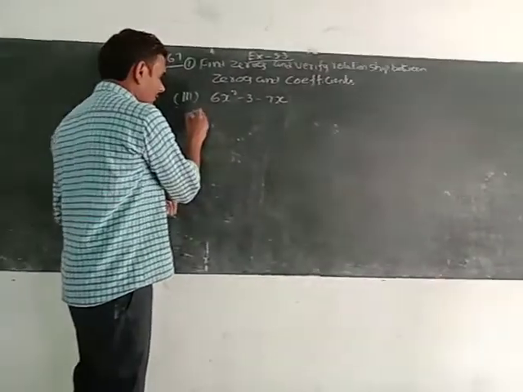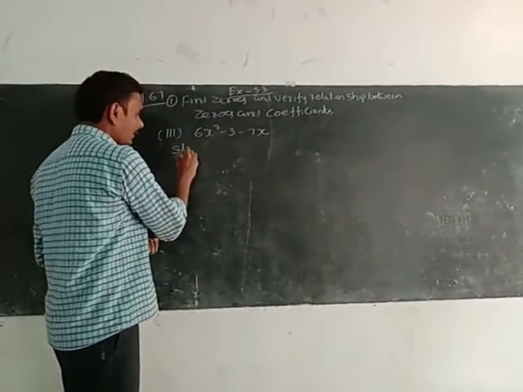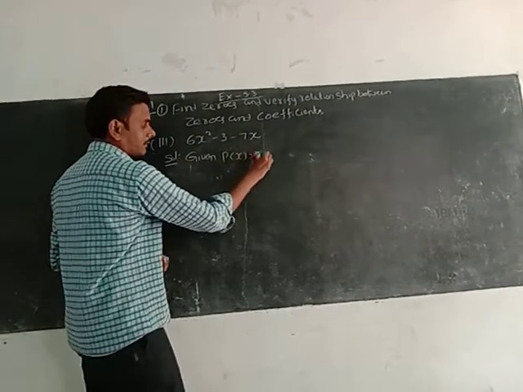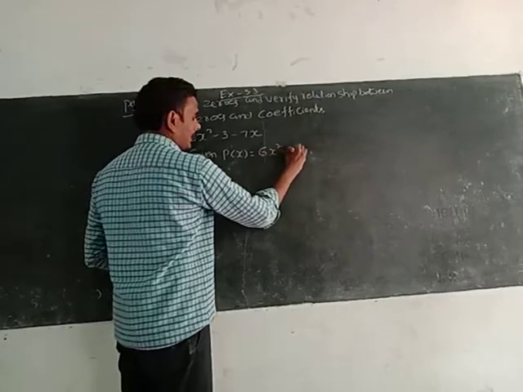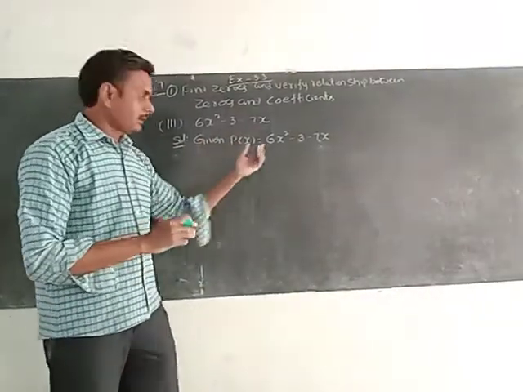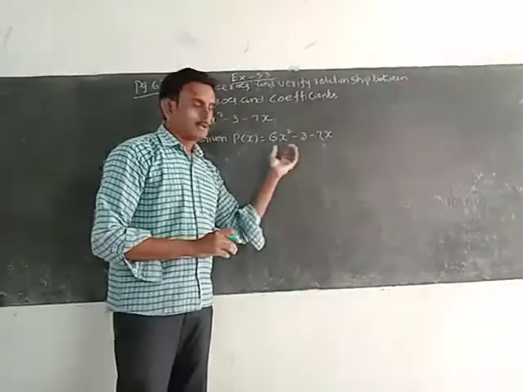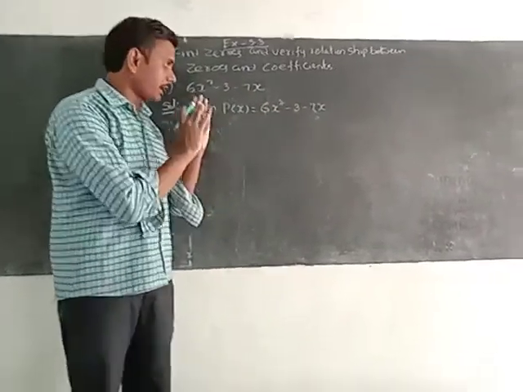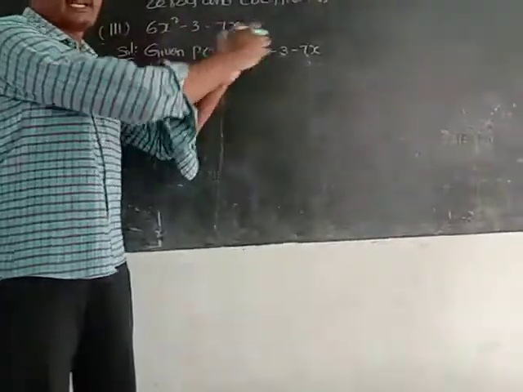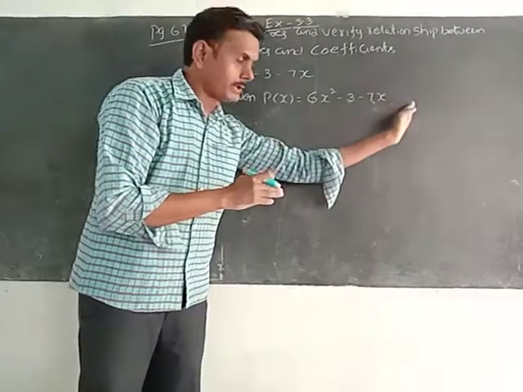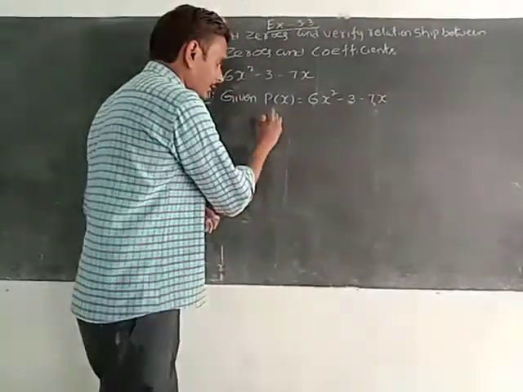P of x equals 6x square minus 3 minus 7x is given. We have to arrange the terms: first term, second term, third term, according to degree in descending order. Highest degree first, then the next highest degree, then the smallest degree.